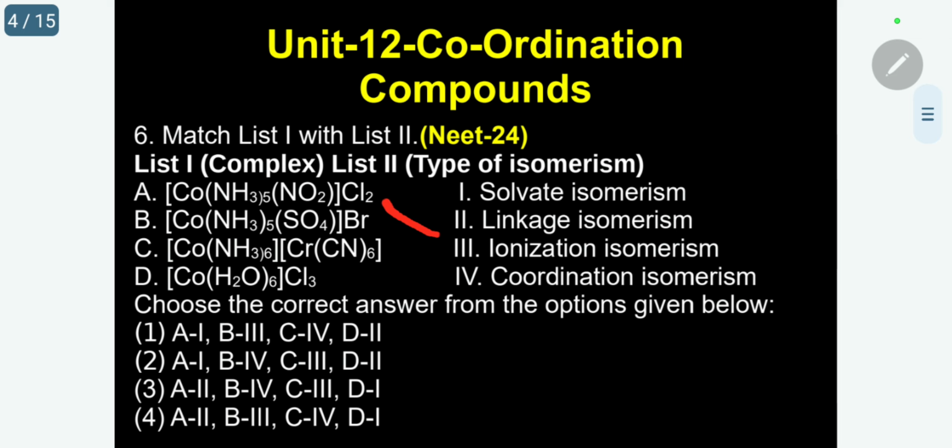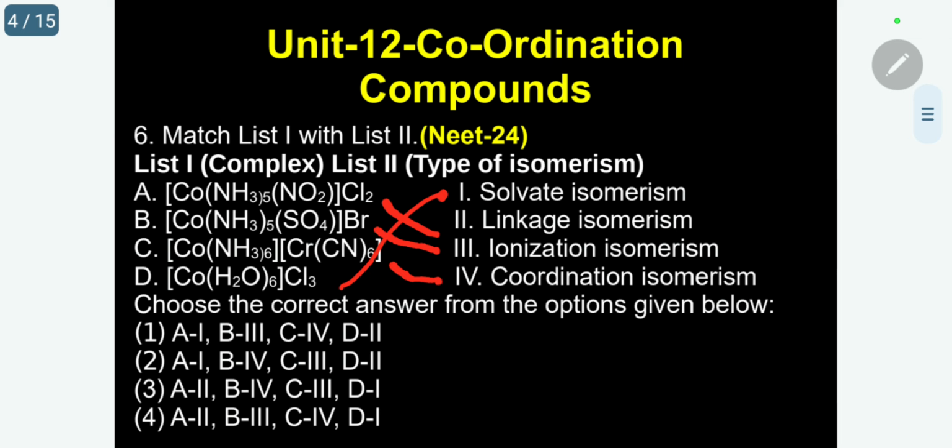That means NO2 will be displaced by Cl2, linkage isomerism. The next one, B3, maybe it is ionization isomerism. And C, both sides, it is coordination isomerism. And D, it is solvate isomerism, a water molecule.